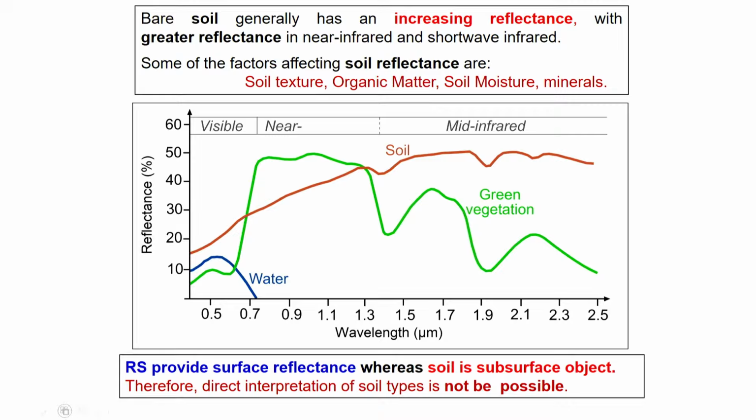From the remote sensing data, you are getting the surface reflectance, but we are also interested to know about the subsurface soil, because subsurface soils govern the properties of the surface soil. Therefore, interpretation of subsurface soils with remote sensing data is not possible; you cannot interpret the subsoils directly.